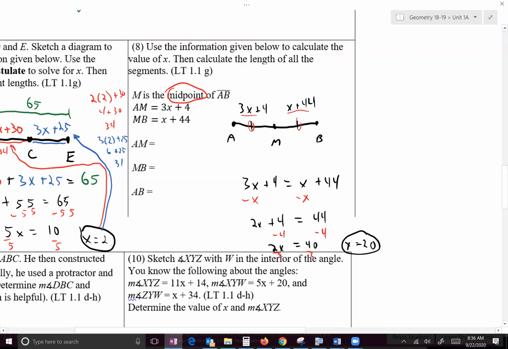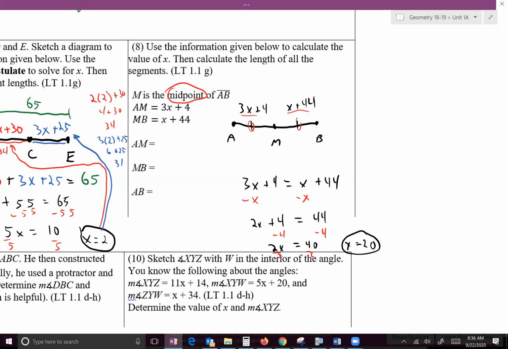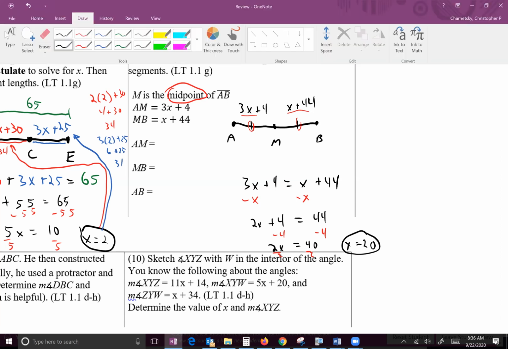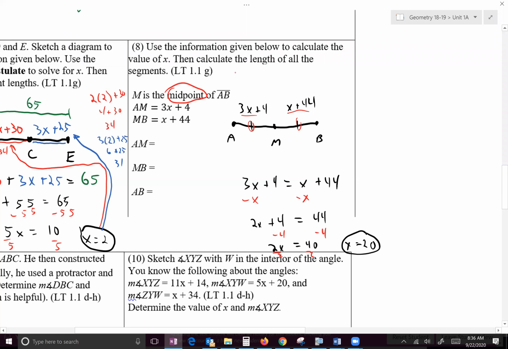Plug that in on this side, we get 3 times 20 plus 4. So that's going to be 60 plus 4. So that's going to be 64 for AM.